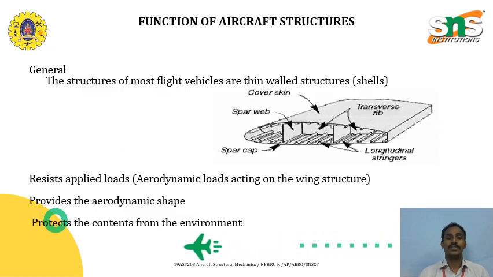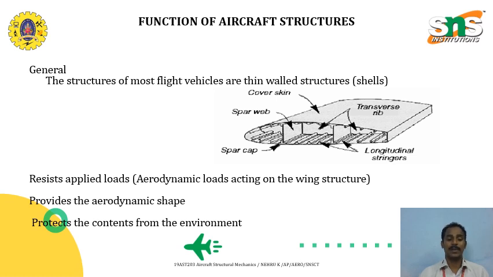So for the function of the aircraft structures, we are going to see the major elements like spar caps, spar webs, skin, longerons, stringers, and transfer ribs. In structure, most flight vehicles are thin wall structures, usually to transfer the shear force, and the major stringers will carry the bending and compressive forces.